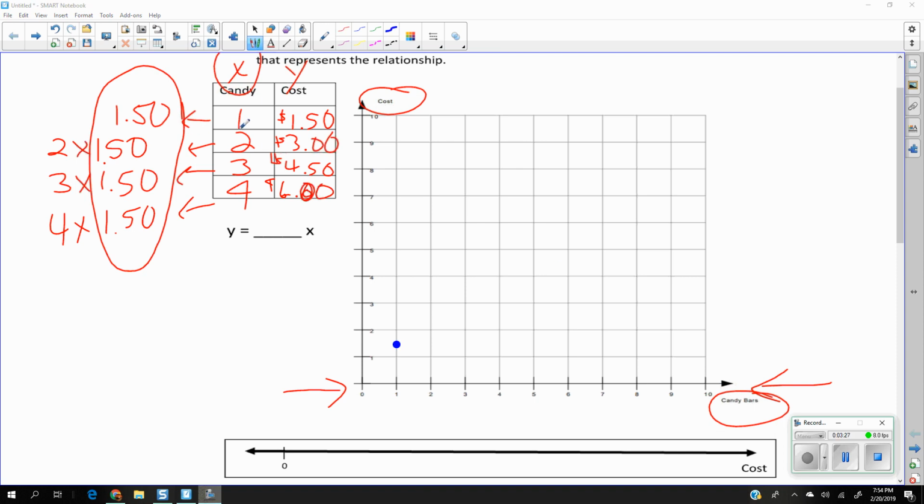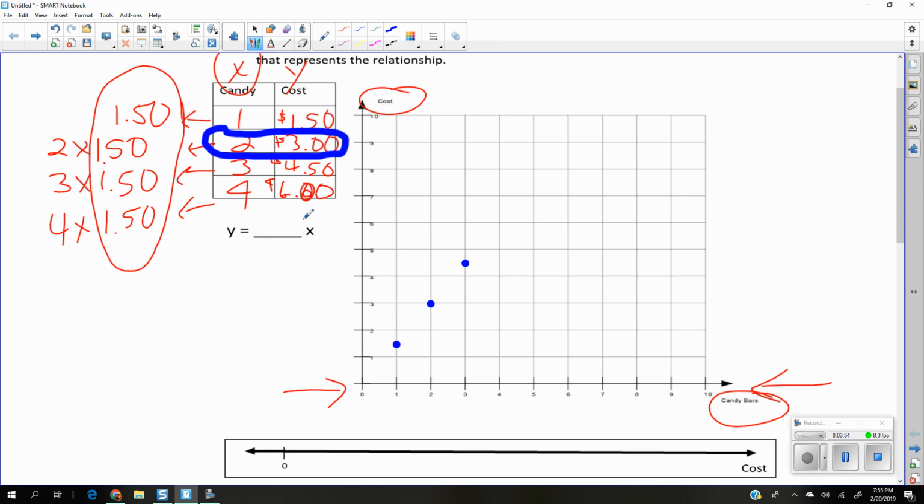All right, so the next one is X is 2. We're going to go up to 3, and we're going to plot the point. The next one is 3 candy bars, which cost $4.50, which is 4.5, and plot the point.